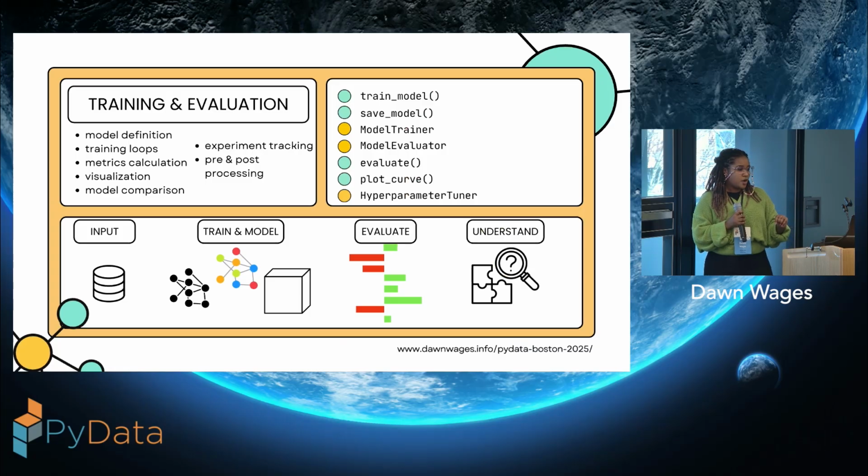And similar to how we had a transformer file, we can have a training and evaluation file. Again, in green, I have the methods, and then I have class examples in yellow. From model.trainer, we can import model trainer. From modeling.evaluator, we can import model evaluator.